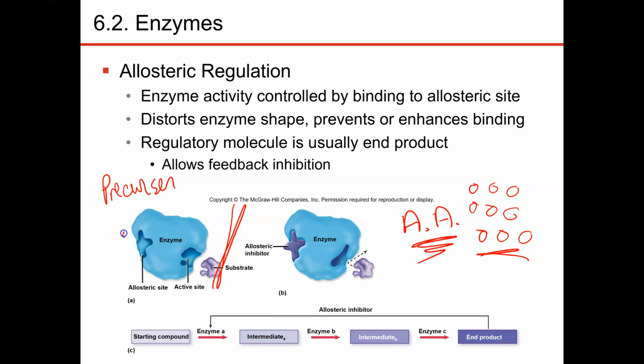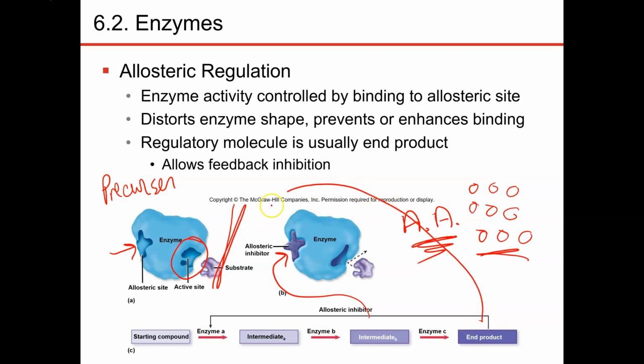Enzymes have their active site where the substrate binds, but they also have this allosteric site where another molecule can bind. And typically this other molecule is going to be one of the intermediates. So it might be intermediate A or B that's going to move in and bind so that we don't produce any more end product because we don't need that end product anymore.